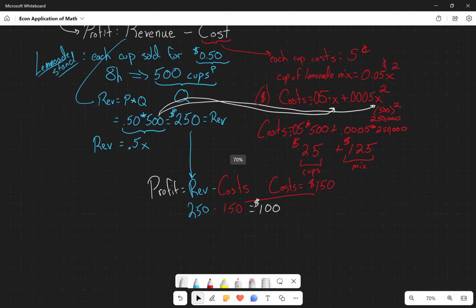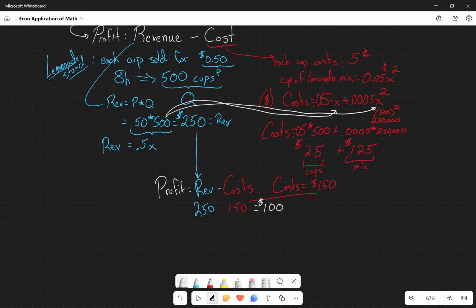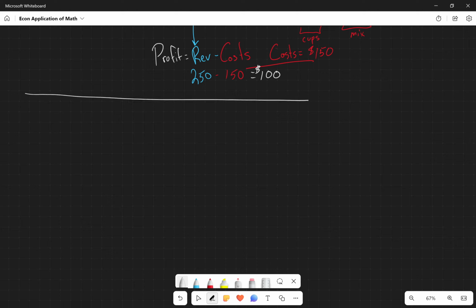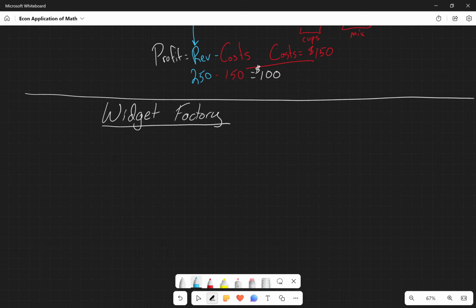So what if we wanted to solve for something like this using calculus, right? So let's do a new example this time. And this time we're going to talk about economists' favorite things, widgets. And so we have this widget factory, and we're told that the revenue function, the R of x, is equal to 50x minus 0.1 x squared.